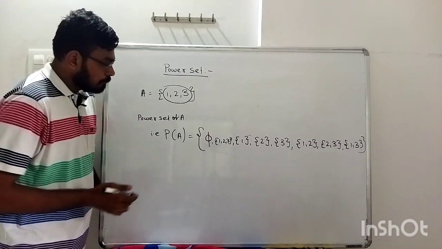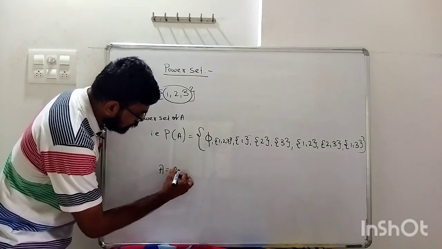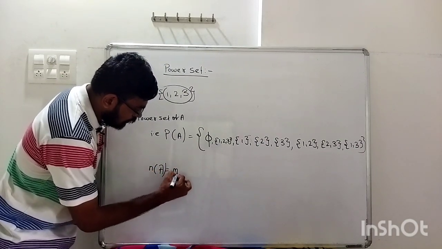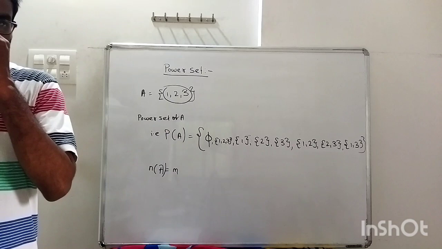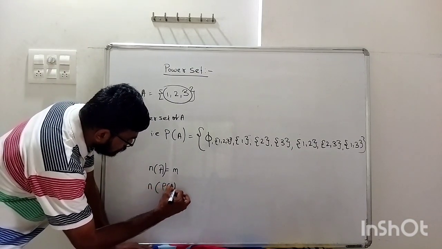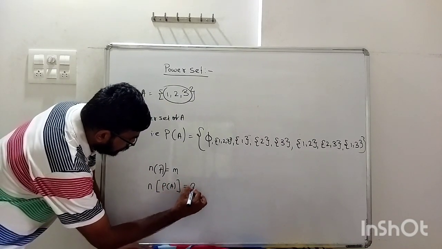Okay, so if you are given a set A with m elements, imagine, then the number of elements in the power set of A is equal to 2 raised to m.